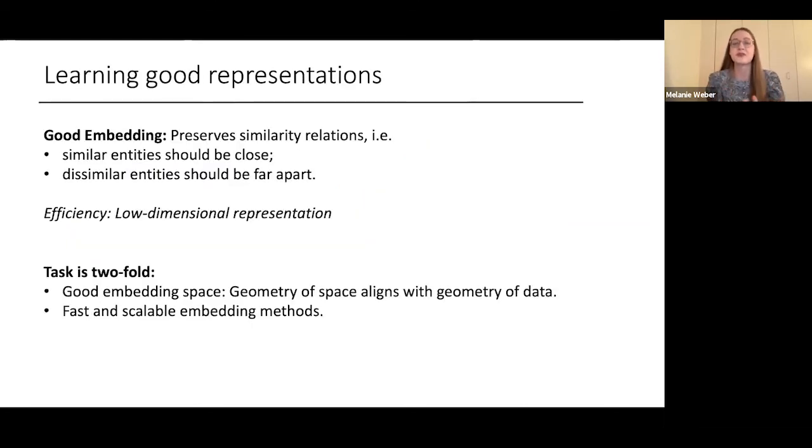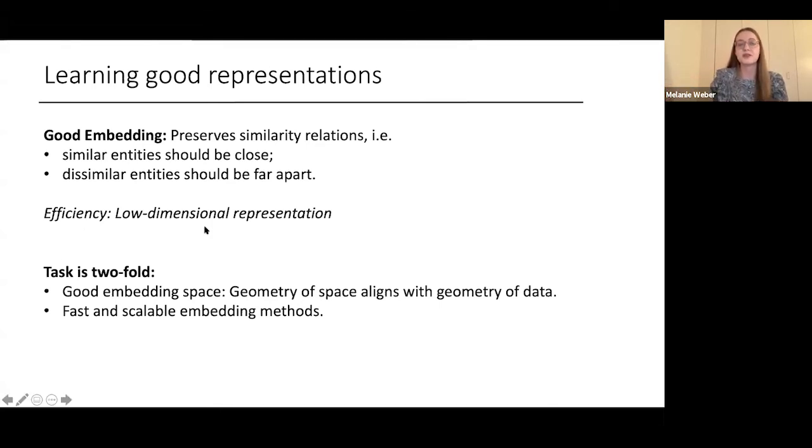So first, for learning good representations, what is a good embedding? A good embedding is a representation that preserves the similarity relations in our data space. So for entities or data points that are close by in the data space, we want them to also be close by in the target space, and dissimilar entities should be far apart in the target space.